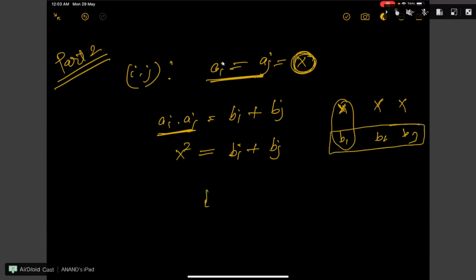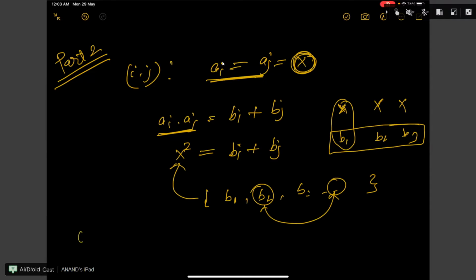That will be in the form of an array like b1, b2, b3, and then we find how many pairs of elements you can choose from this array such that their sum is equal to x square. Now this is a very standard problem: you are given an array and you have to count how many pairs of elements when added together give a target value. This is a very standard problem, right?